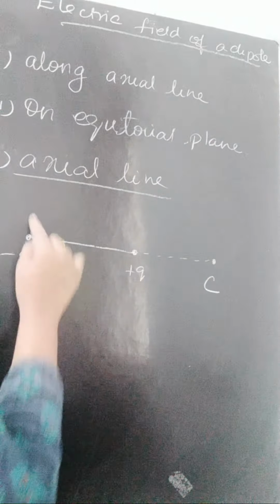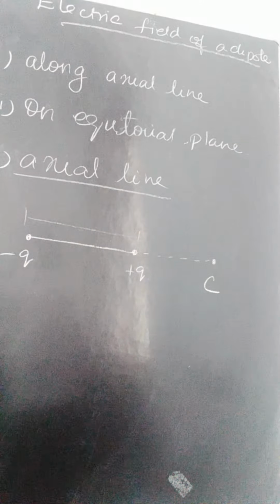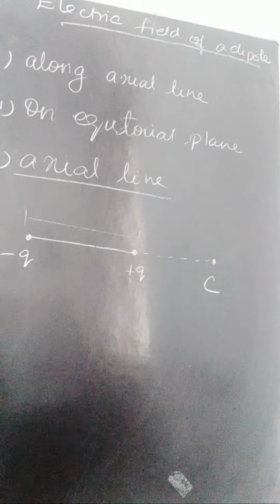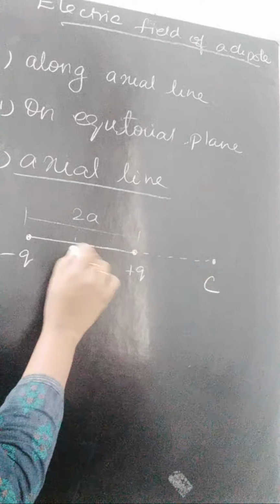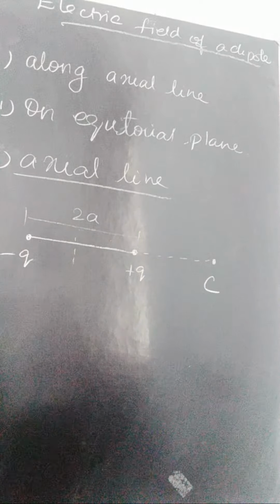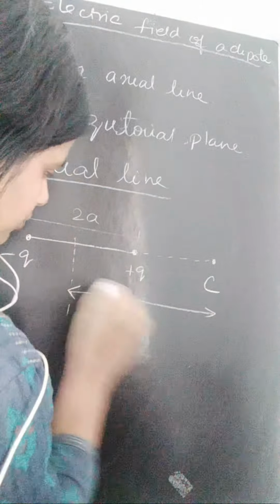And what is the total distance between the two poles? 2a. Good. So from the center, this is a and this is also a. And the test point I have taken is at a distance r from the center of the dipole.